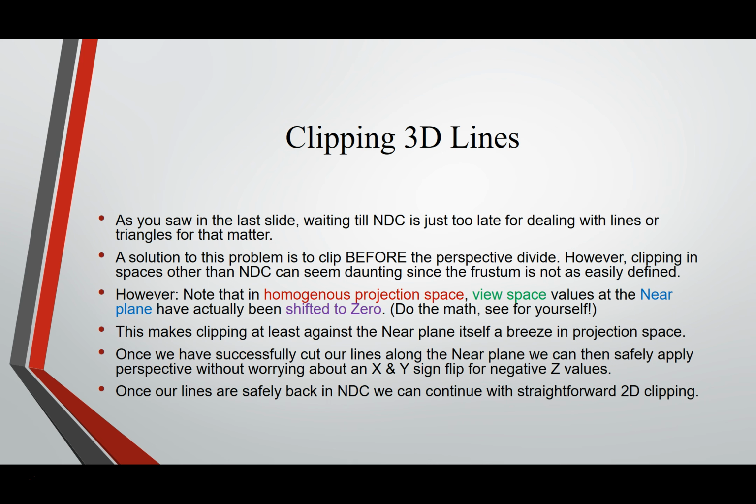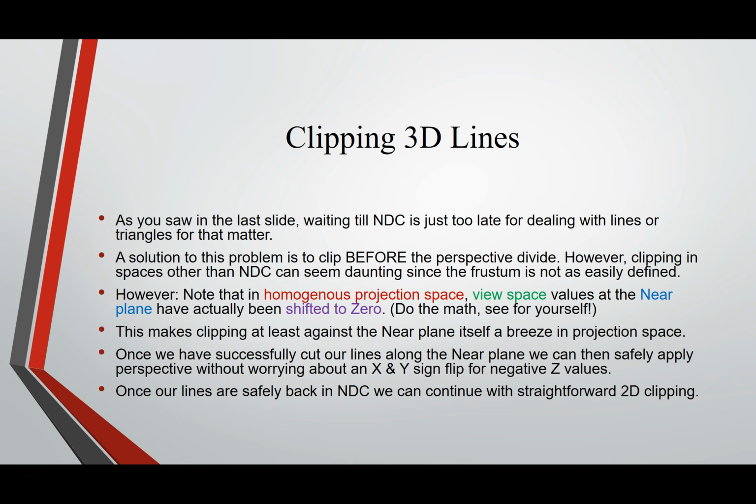But I got some good news for you. If we think carefully about this, we can simplify this problem quite a bit. Take a note about this. Homogeneous projection space, that is the space right before we convert to NDC, right before we divide by the W, projection space.